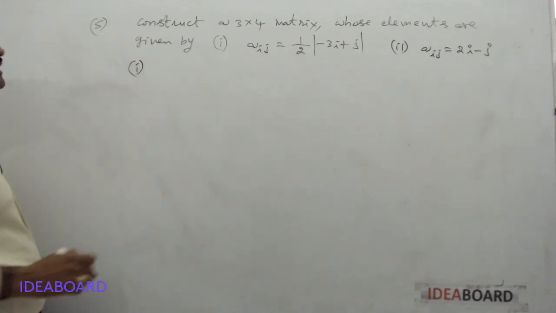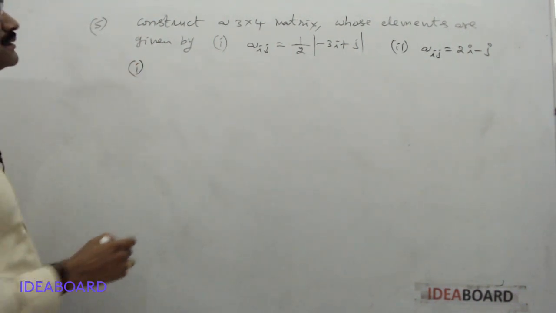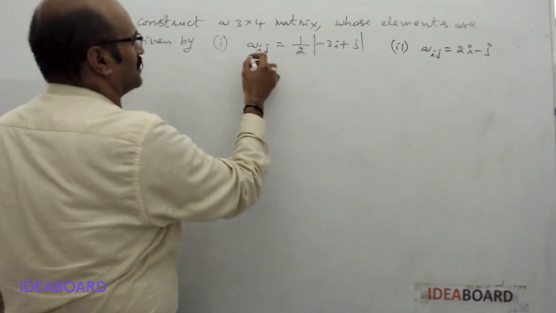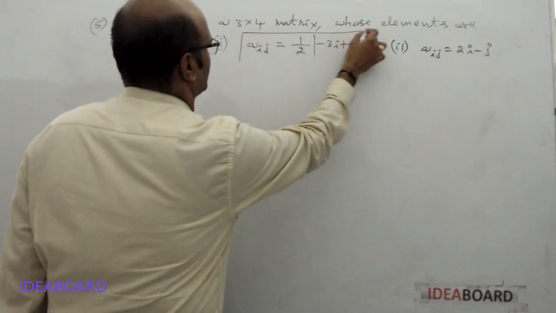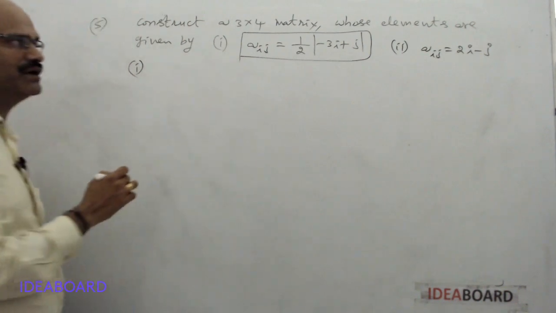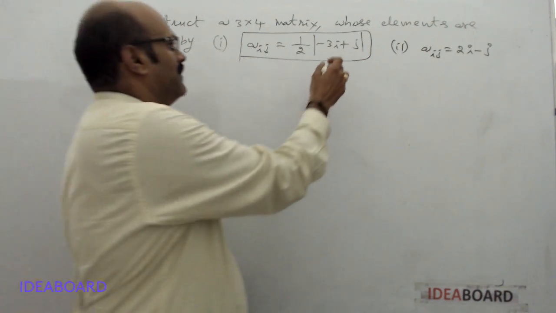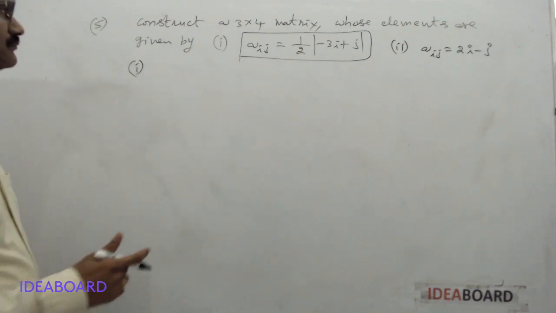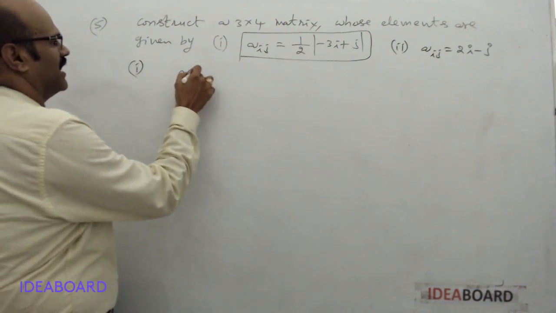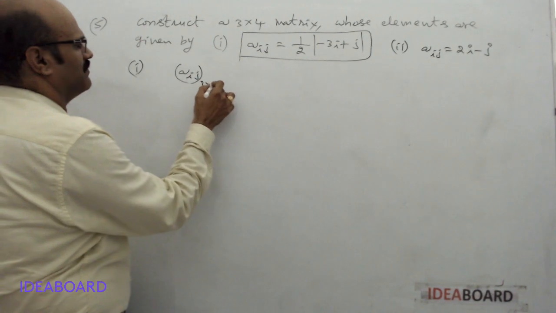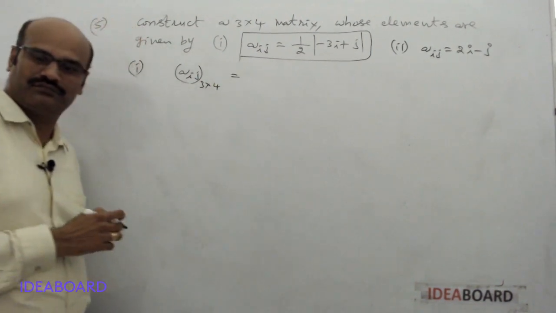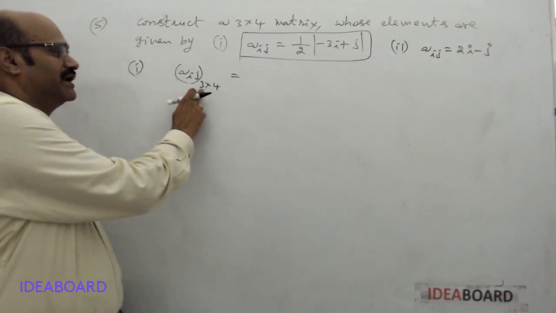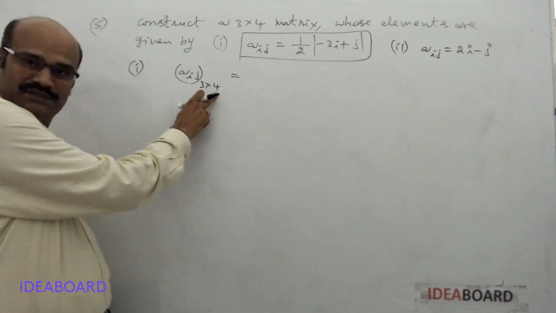Here the first problem is, the element Aij is defined by 1 by 2 into modulus of minus 3i plus j. Here we take the matrix Aij 3 by 4, so we have to take 3 rows and 4 columns.